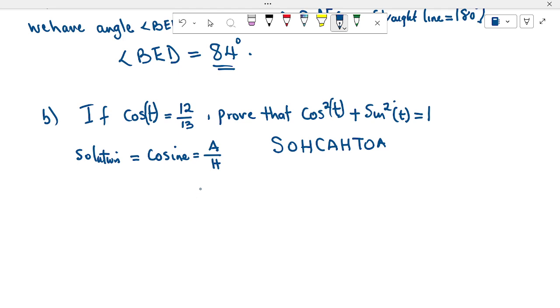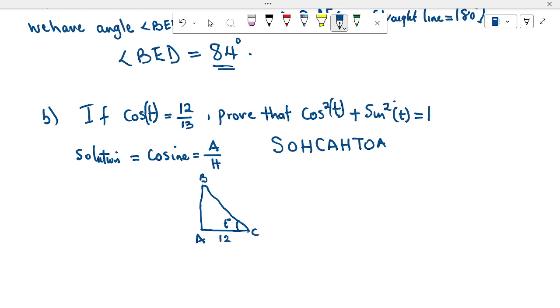From here now, we know that our cosine is adjacent all over hypotenuse. Let's draw our triangle. We know that the hypotenuse is always the longest side. Let's name our triangle A, B, C. Let's call this angle T. Angle T has the cosine. The cosine is adjacent to this angle, the adjacent is here, so we name here 12.